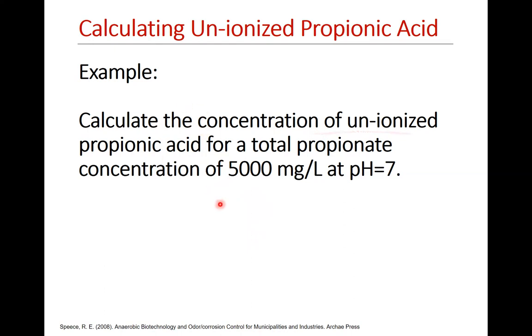And here is how to calculate the concentration of unionized propionic acid for a total propionate concentration of 5000 milligram per liter, if the pH inside the digester is 7.